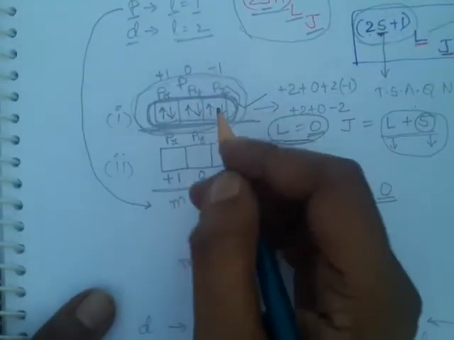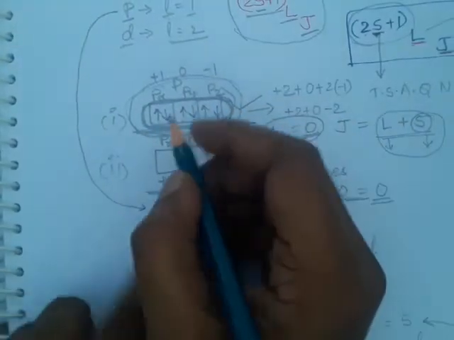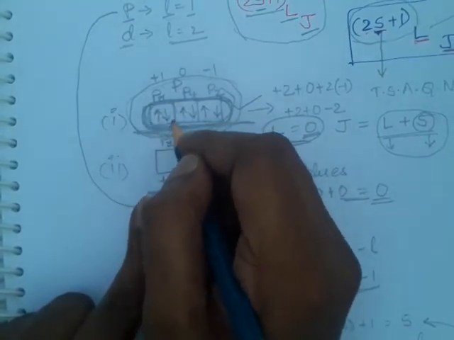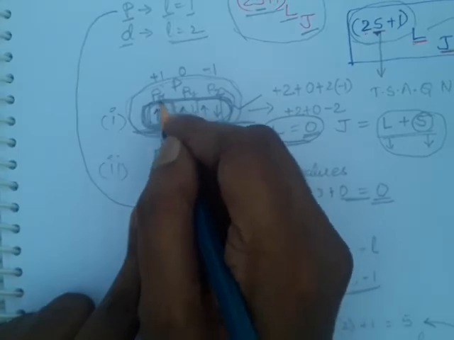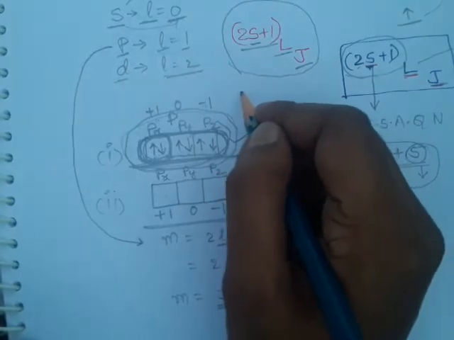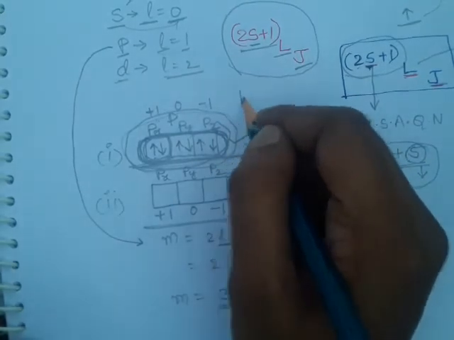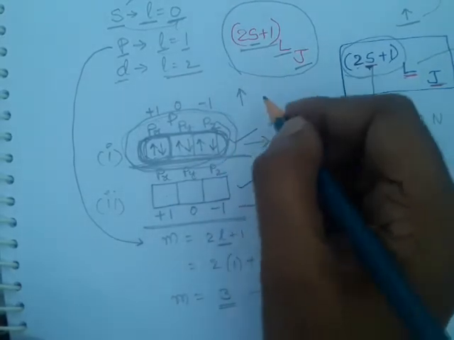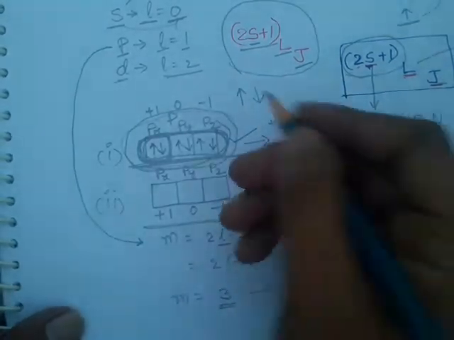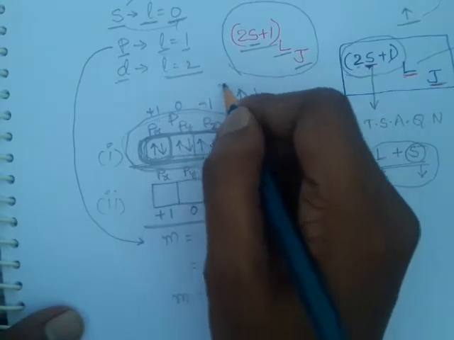How is S value 0? For any electron in an orbital, it may be present in clockwise direction or in anti-clockwise direction. If clockwise direction, S value is plus half.